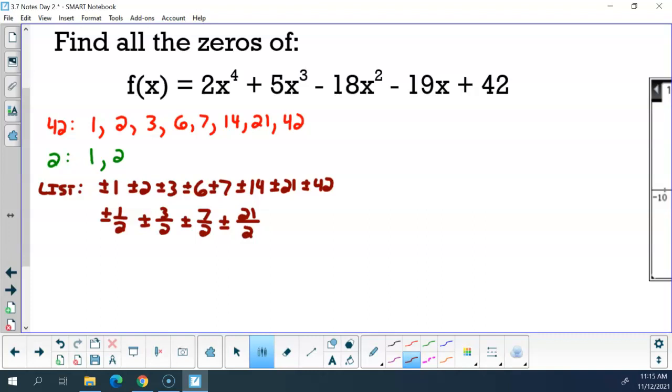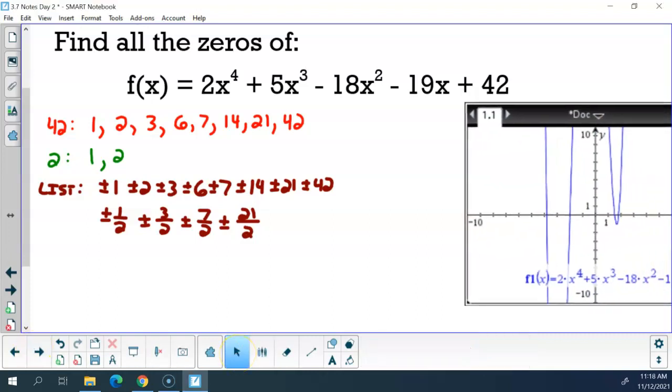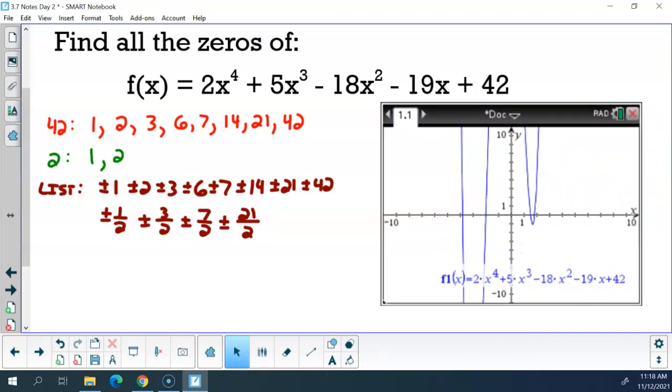Okay. So now I'd like you to go to Desmos on your Chromebook and graph this function, 2x to the 4th plus 5x cubed minus 18x squared minus 19x plus 42. On your Desmos, you should see something that looks like that.